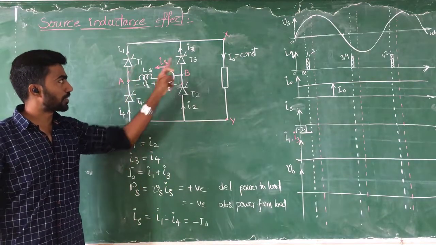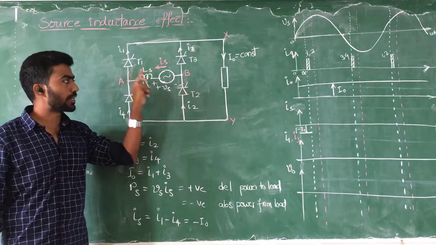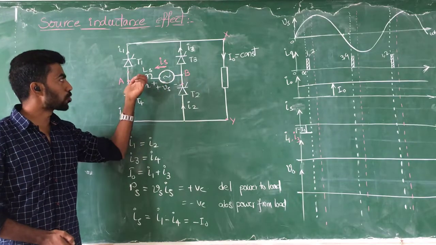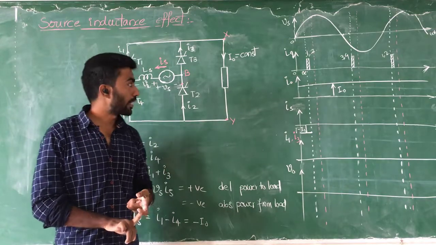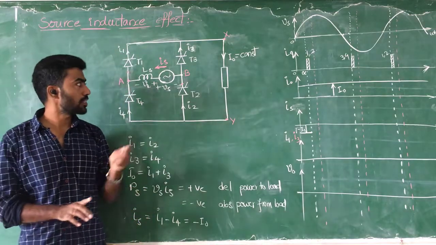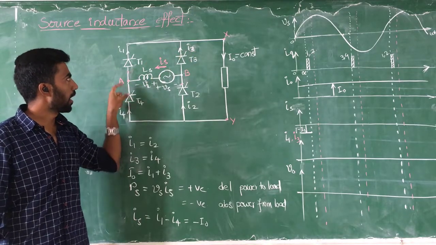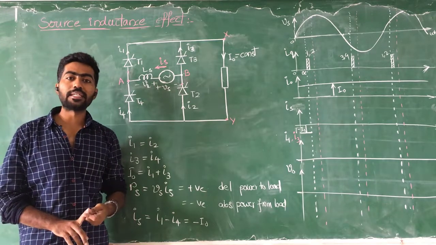So even though thyristors T3 and T4 were conducting, once T1 and T2 started conducting, the current chooses this path. But the source inductance will not allow a sudden change of current. So the transition from one set of devices, T3 and T4, to the other set, T1 and T2, will not happen instantaneously.